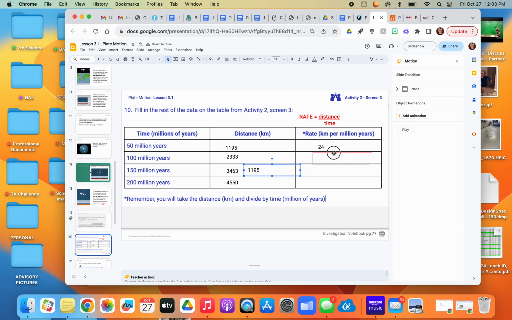Okay, so here we are. You've got your data. I've got mine. Not really, I'm not going to lie. I'm doing this on the fly. So now I've got 2,333. Oh, that's duh. That's 23.3, so I'm going to round that down to 23.